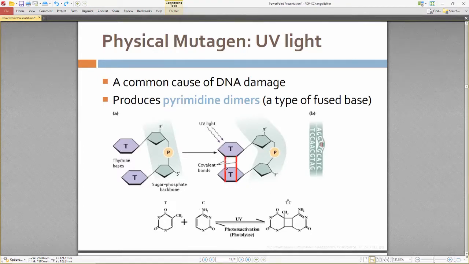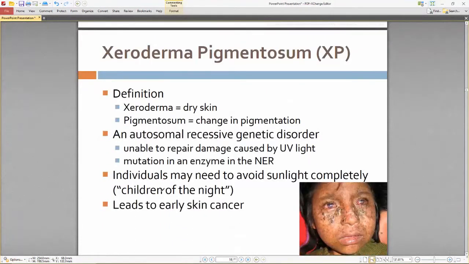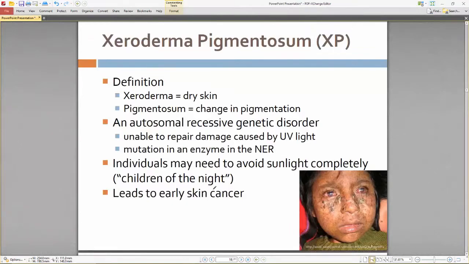What can happen between them with UV light is that you can create two covalent bonds between these two pyrimidines, and they bond to each other, creating this. And in the actual DNA molecule, when these two pyrimidines bind, it creates a kink or a bend in DNA.